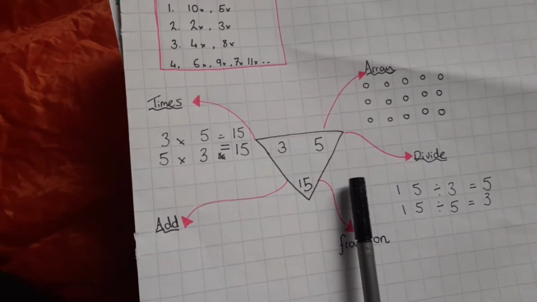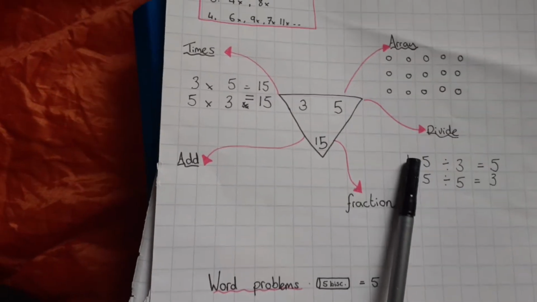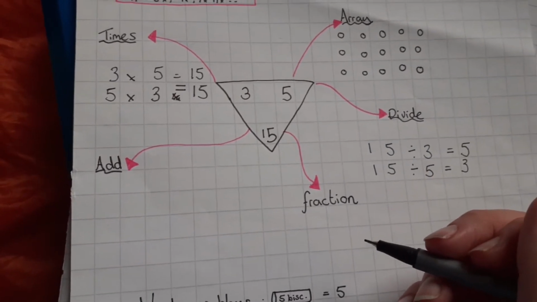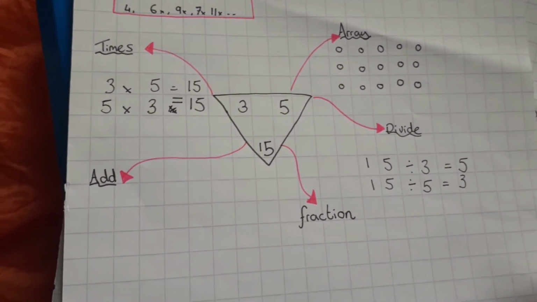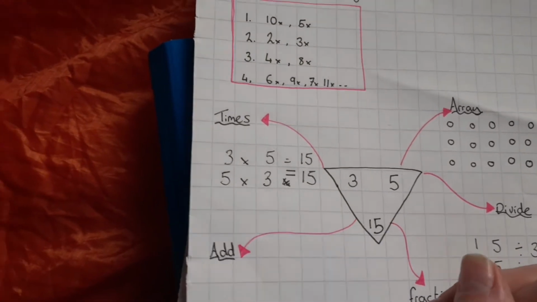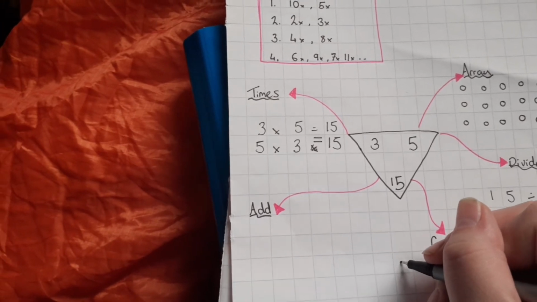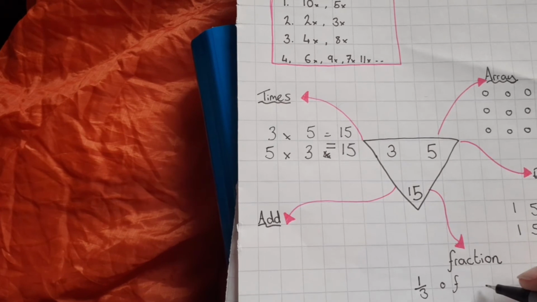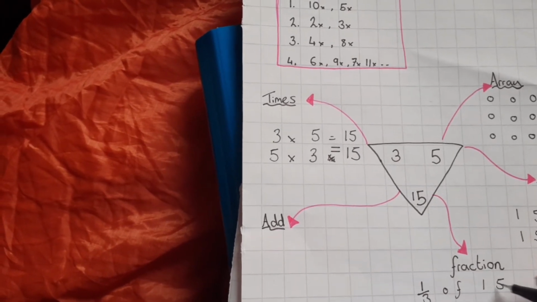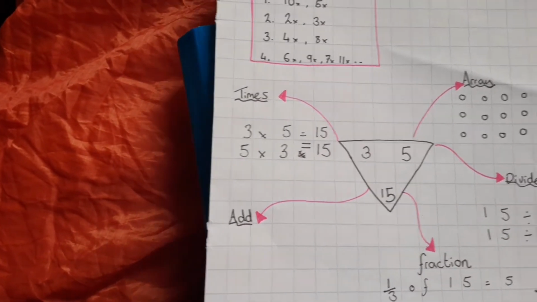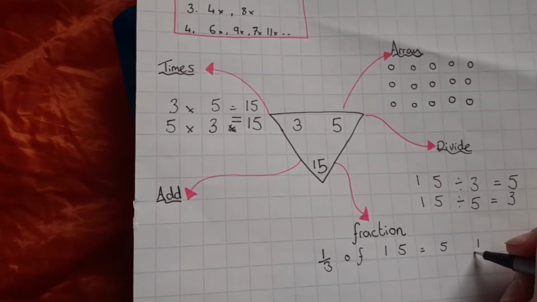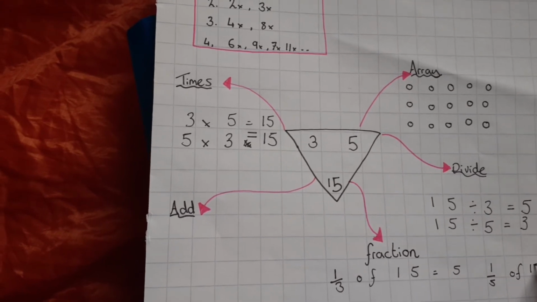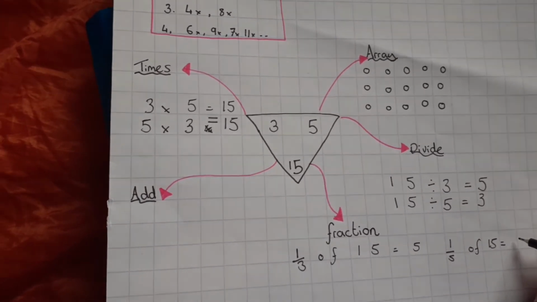Now, if I can do those divides, I can also do some fractions. If I know that 15 split into 3 is 5, I can also say that 1/3 of 15 equals 5, and 1/5 of 15 equals 3.